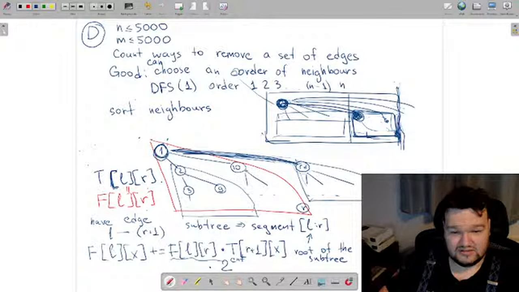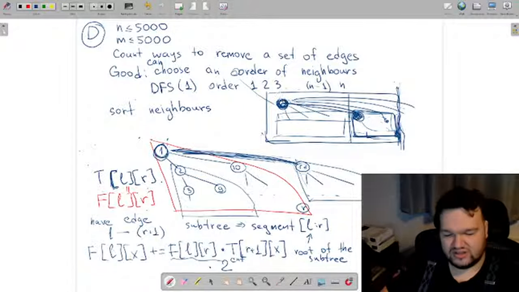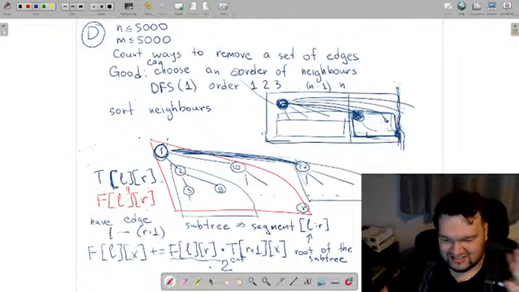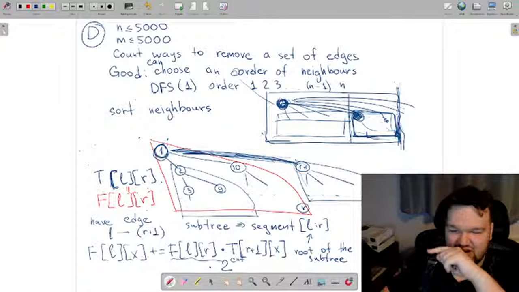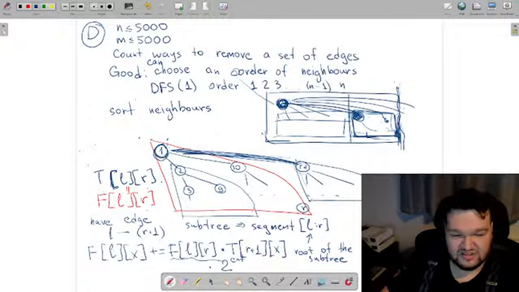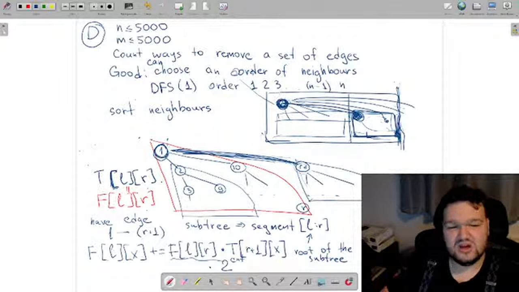And we can either pre-calculate it somehow, for example for every vertex we can pre-calculate a prefix sum array of how many edges we have to every prefix, and then take a sum on a segment in constant time.